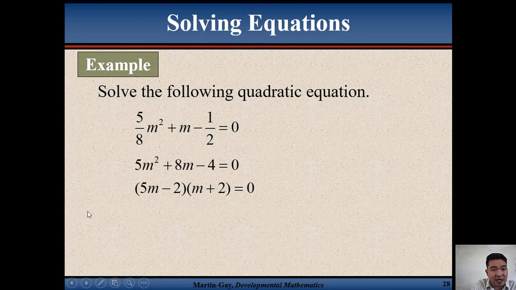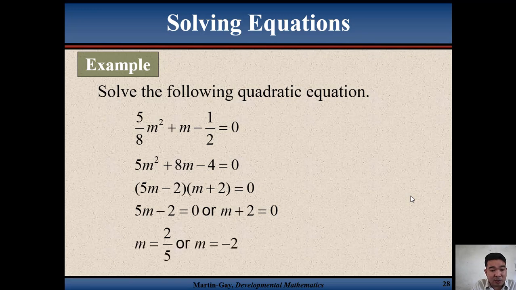We have learned factoring when we were in grade 8, right? So we equate 5m minus 2 equals 0 or m plus 2 equals 0. Then solving for m, we transpose negative 2, so that will become positive 2 already.